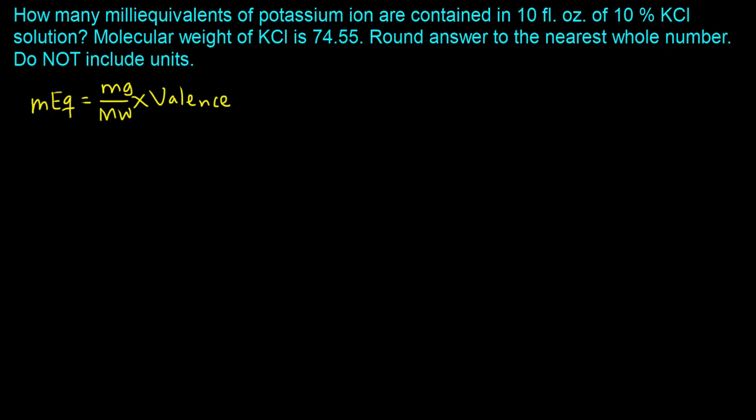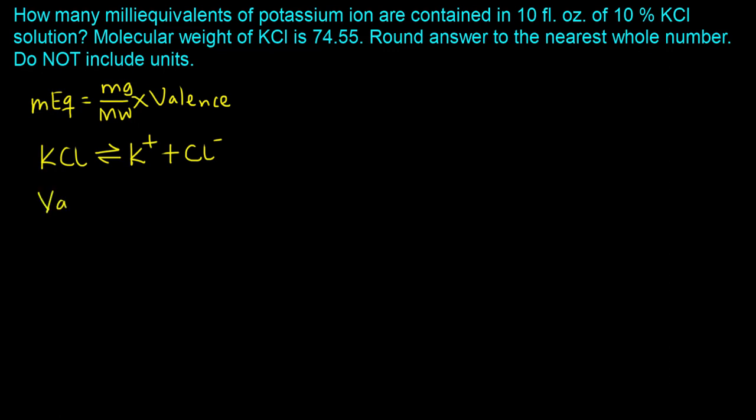The question already gives us the molecular weight of potassium chloride. So what we need to do next is find the valence of potassium chloride. So we have KCl, which is potassium chloride. When you put that in an aqueous environment, it dissociates into a potassium cation and a chloride anion.